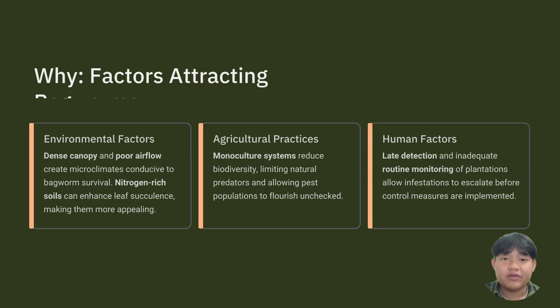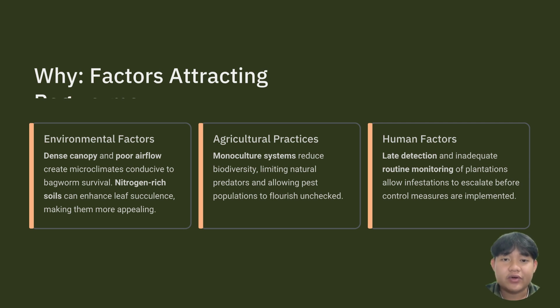Why are bagworm infestations so persistent and widespread? There are several contributing factors. First, environmental conditions like dense canopy and poor air circulation create a microclimate that is perfect for bagworm development.